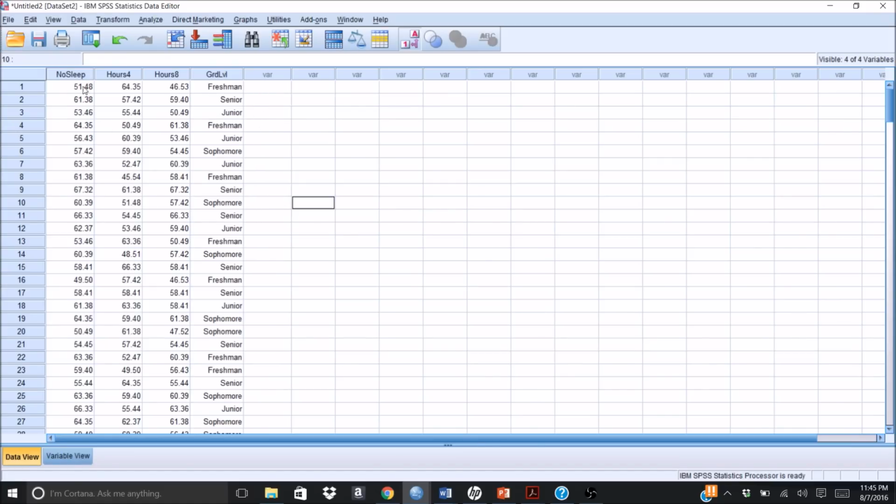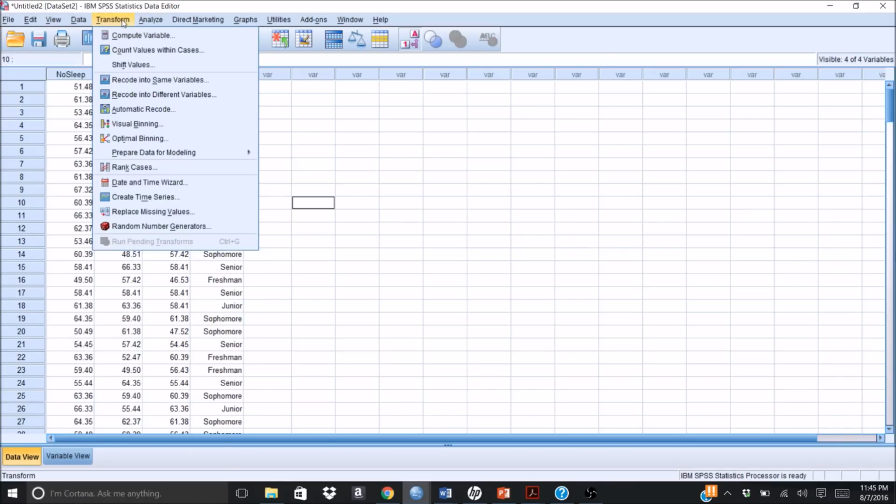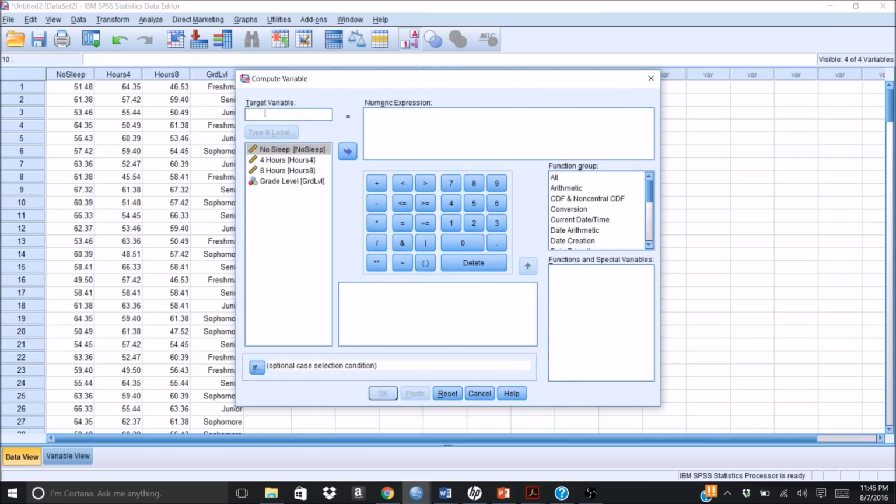And I'm going to take an average of these three. I'd like to have an average of these three. So I'm actually going to go in here to transform. I'm then going to compute a variable because I want to make a variable that's based on computations from the other variables. Let's call my target variable average sleep.